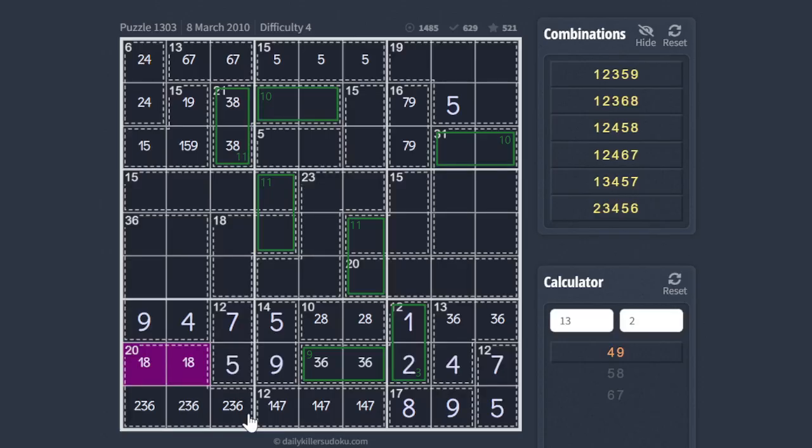Now, can we resolve any of these? We have a 3, 8 pair here, so this 3 can be removed. But I think that's as far as we go, cleaning up after the changes we've made.